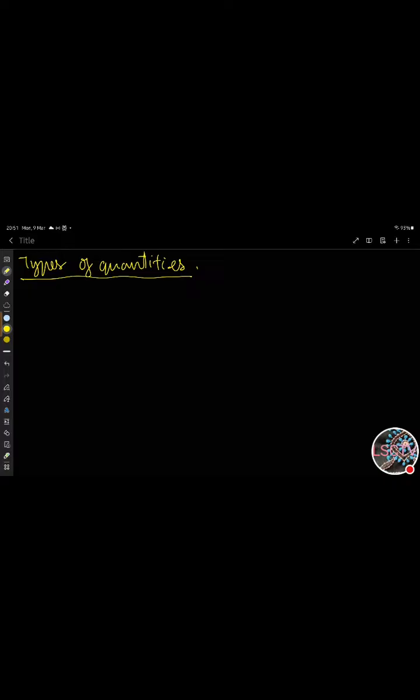There are two types: scalar quantity and vector quantity.